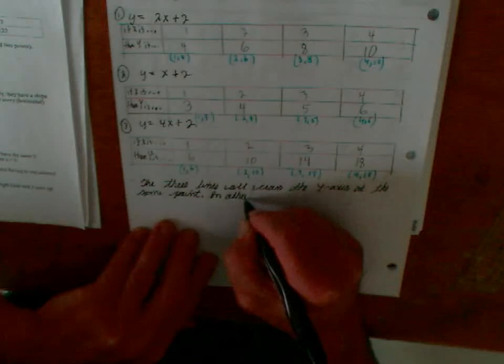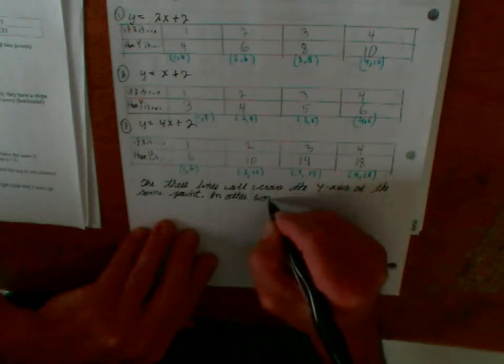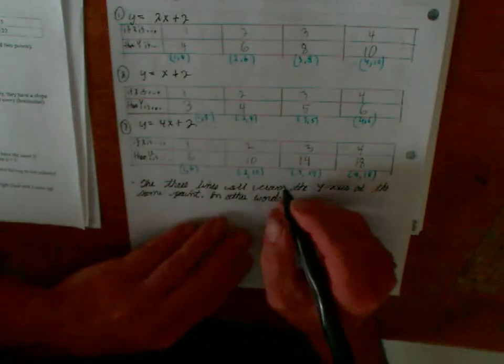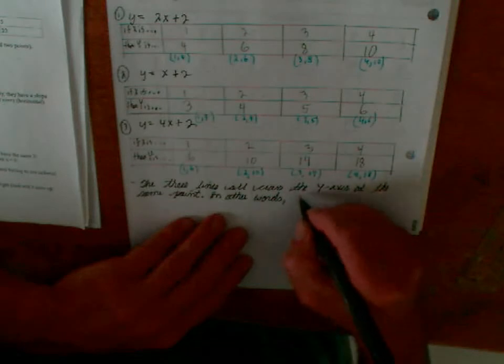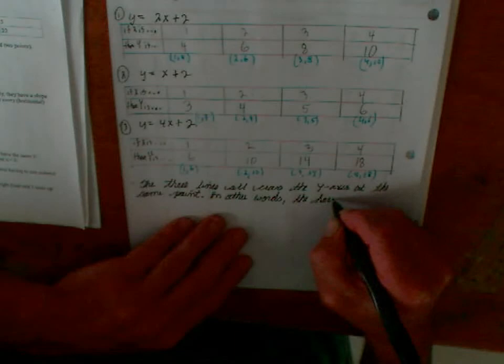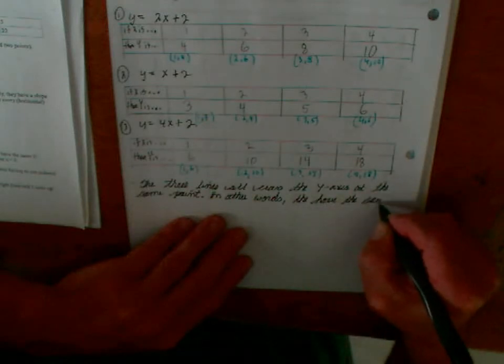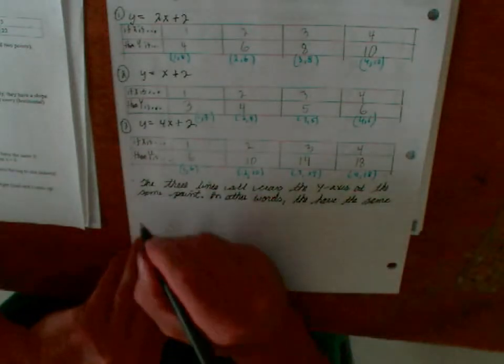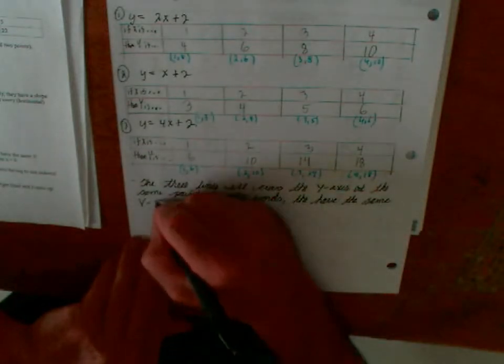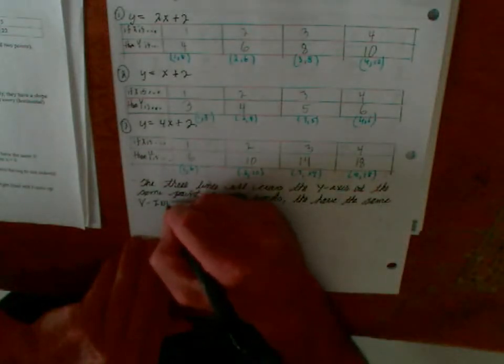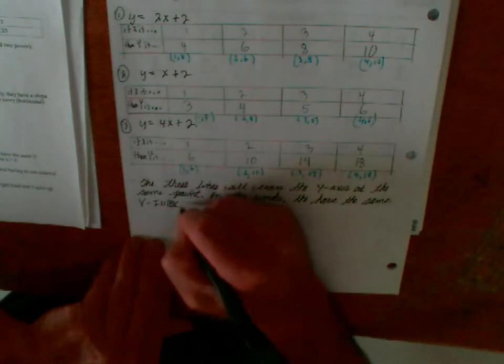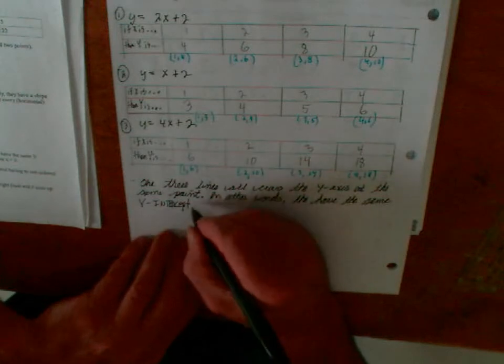In other words, comma, they have the same y-intercept. Intercept is a fancy name for where the line crosses the y-axis, the y-intercept.